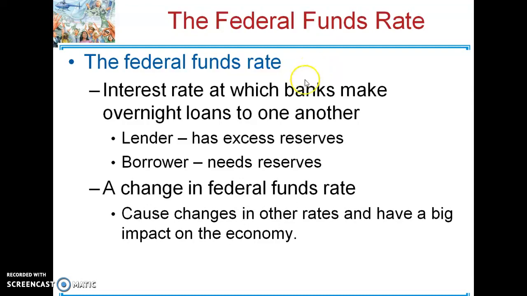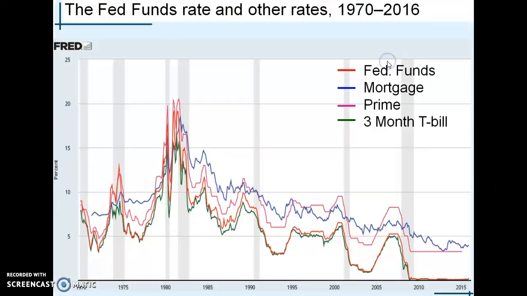The central bank, the Federal Reserve, has the ability to target and manipulate this interest rate. And we'll go through in a second how the federal funds rate is changed by the Federal Reserve. So just so you can see here, the federal funds rate, the interest rate that a bank charges another bank, and then other interest rates that you would see in your economy.